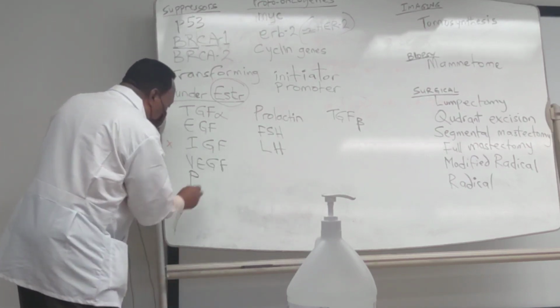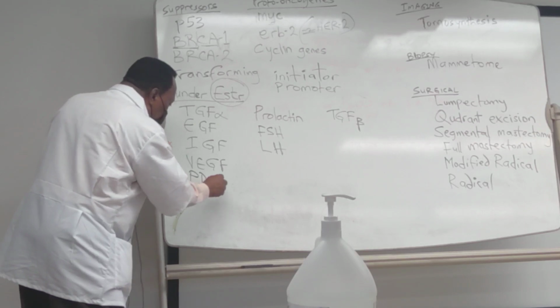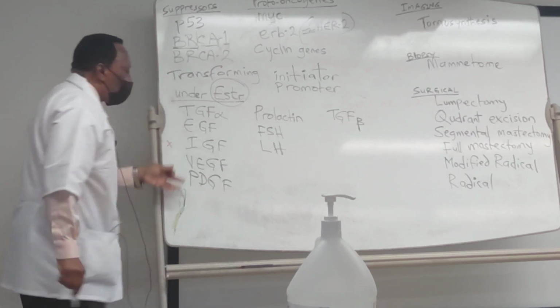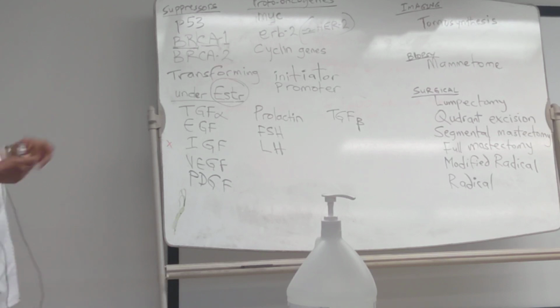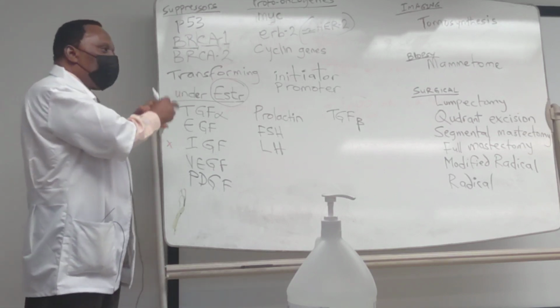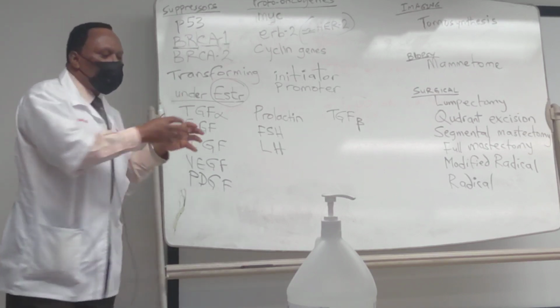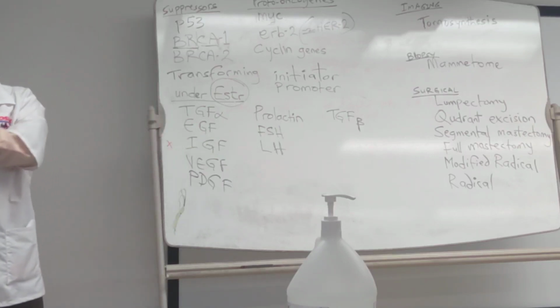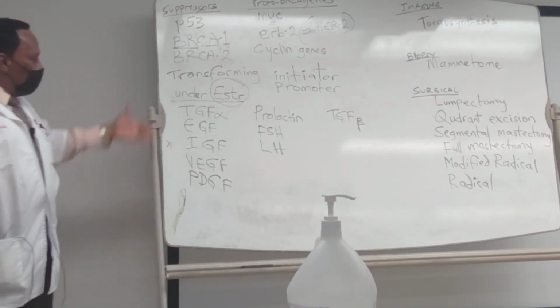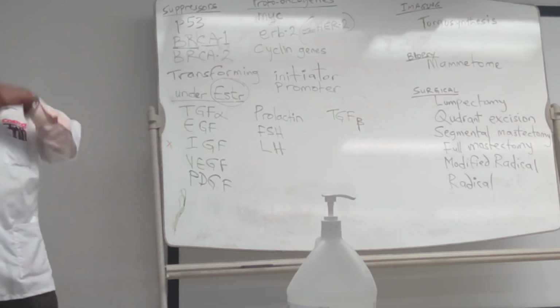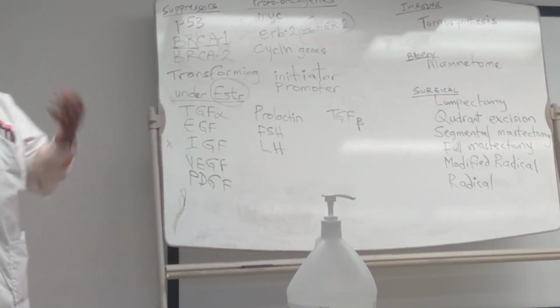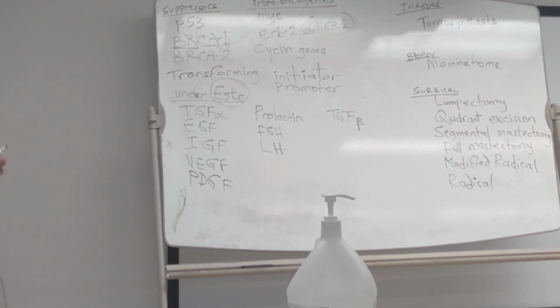Even the platelet-derived growth factor. So under the influence of estrogens, the cells that have been transformed from normal to abnormal, that is to the cancer cell in the breast, will be producing these growth factors. Okay, and that's why those cancer cells will be proliferating, because they have the growth factor.